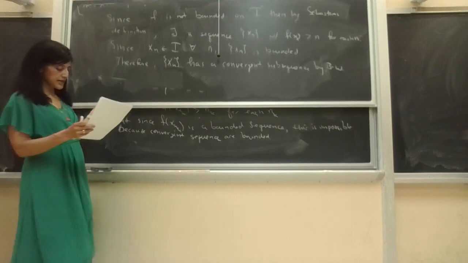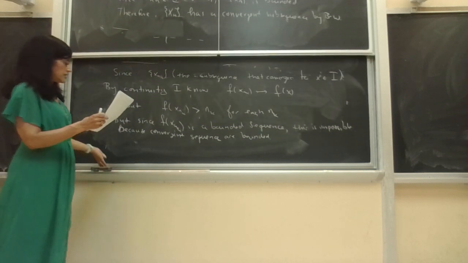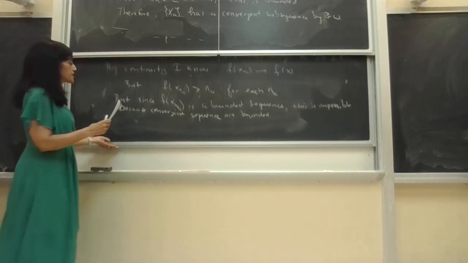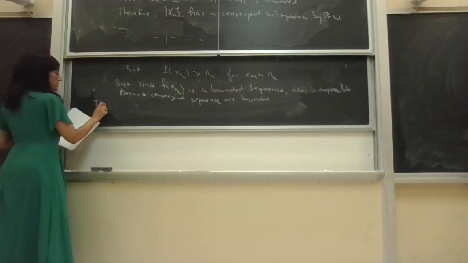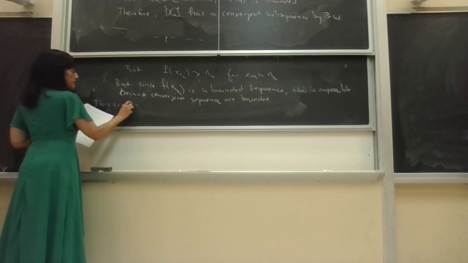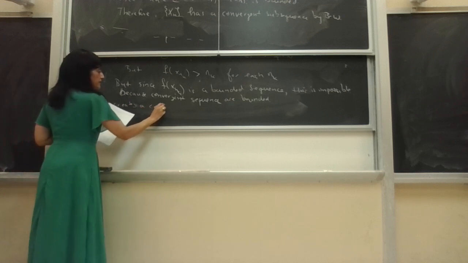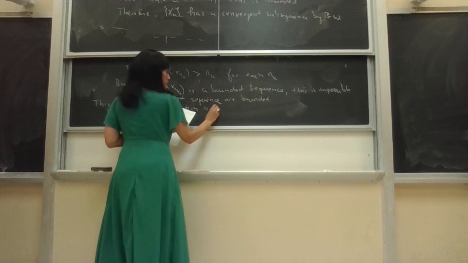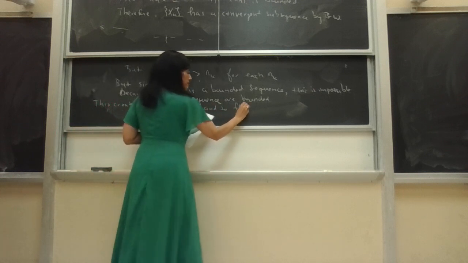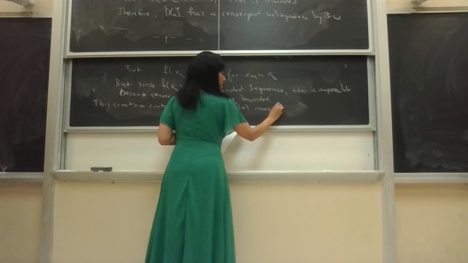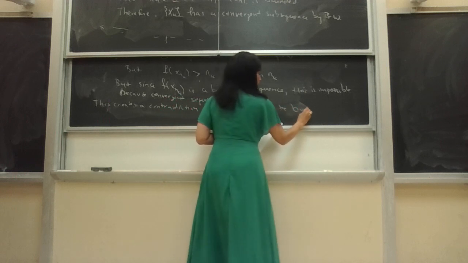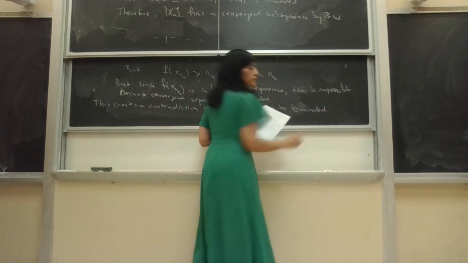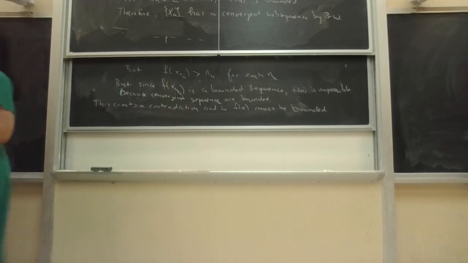All right, so that's my contradiction. So my assumption was false. And the opposite of that assumption is true, which means that f of x is bounded.